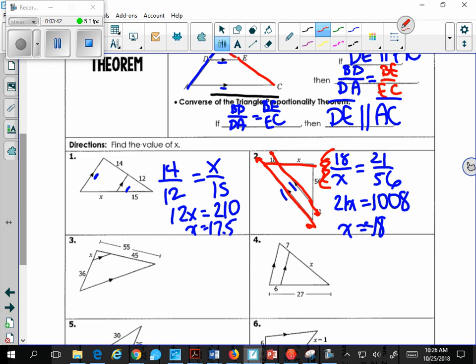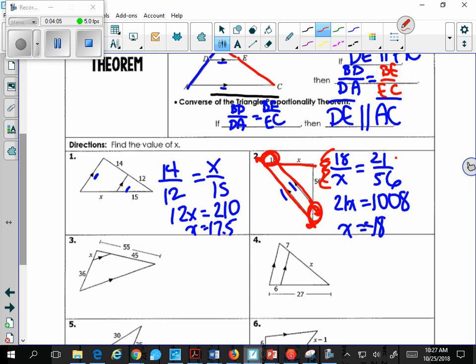But in this case, if they're on the same side, they're in the same ratio. 18 to x is the same as 21 to 56. And if I put my first smaller segment on top, I want to put my first smaller segment as the numerator in the second ratio as well.